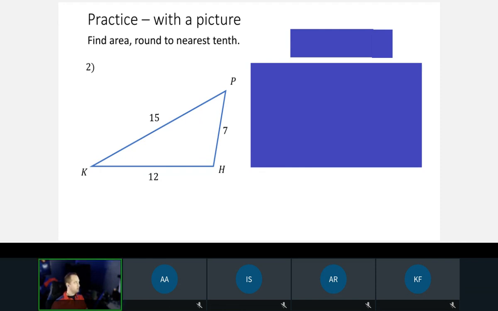All right, give me a face if you're still working on it, and if you're not here, give me a sad face. 5, 6, 7. Let's see. Is that everyone? I wish I could vote.